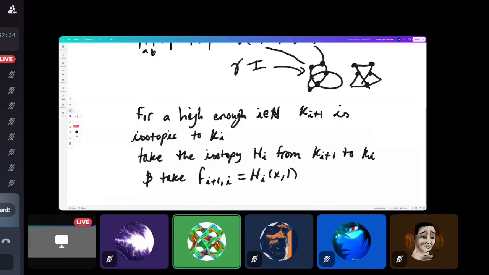That's just saying take points from K(i+1) and move them to be points on Ki linearly.